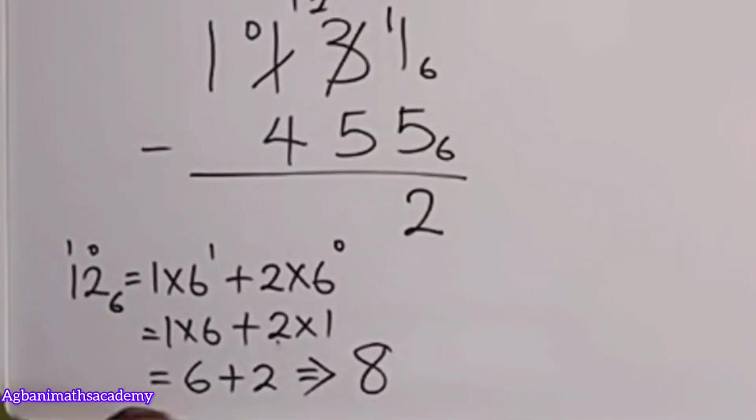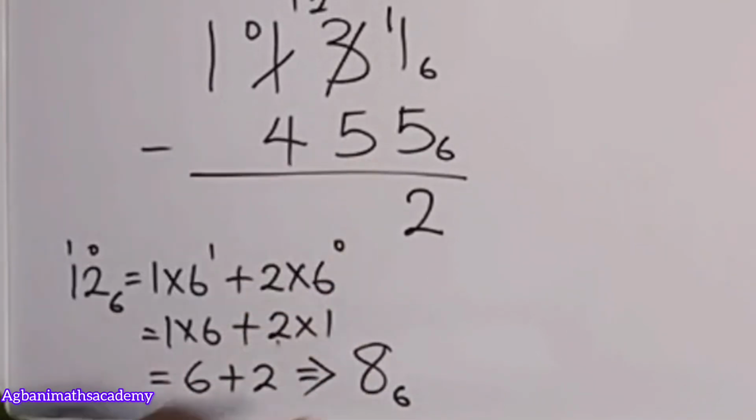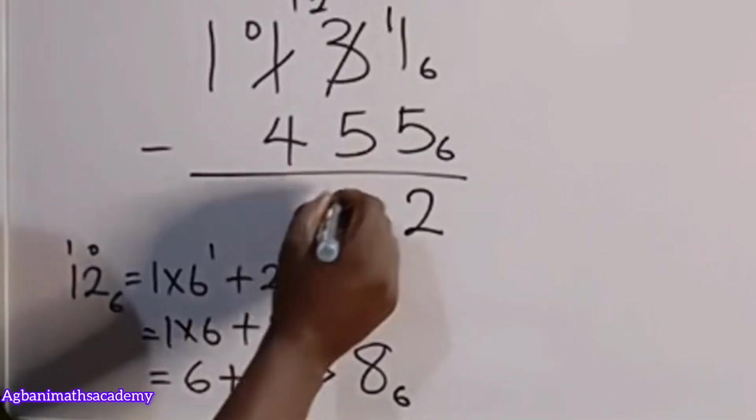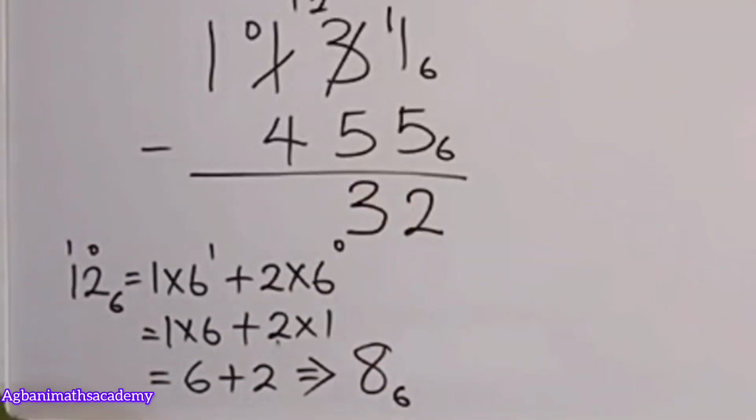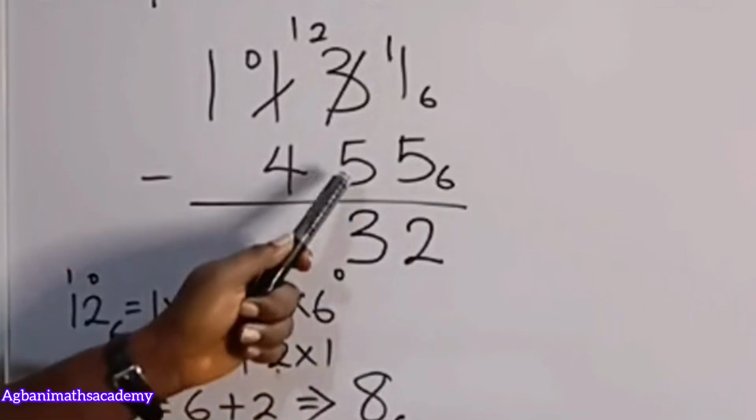The incorrect form is 8. So we're going to use this 8 to subtract 5. 8 minus 5 is going to give us 3. So it's this incorrect value that you're going to use to subtract 5.